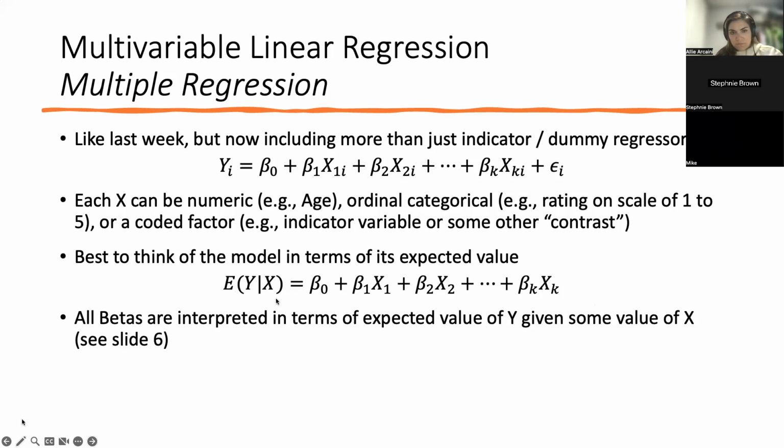So our data points are going to consist of somebody having an outcome and then 3, 4, 5 different predictors. And so what the model gives us is what should be the mean Y value. What's the average Y value for someone with those characteristics? That's what we get out of a regression model. And so the betas are always interpreted that way, in terms of what's the expected value of Y for some value of X.